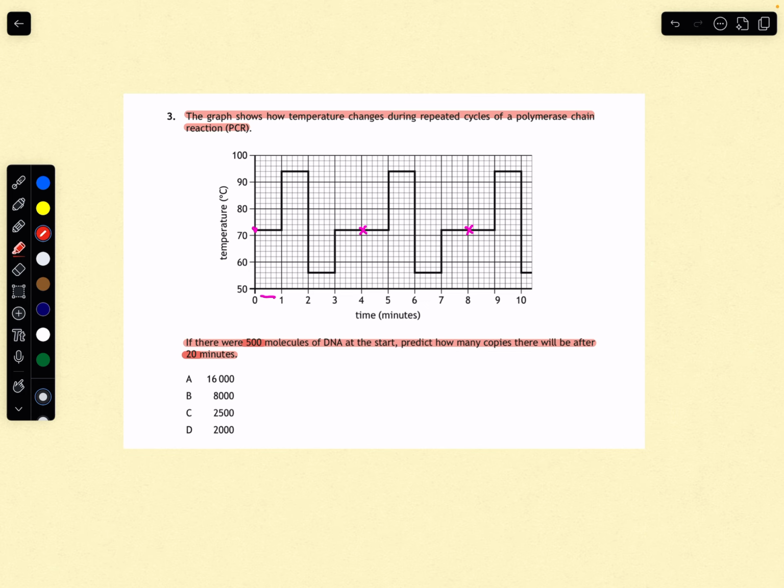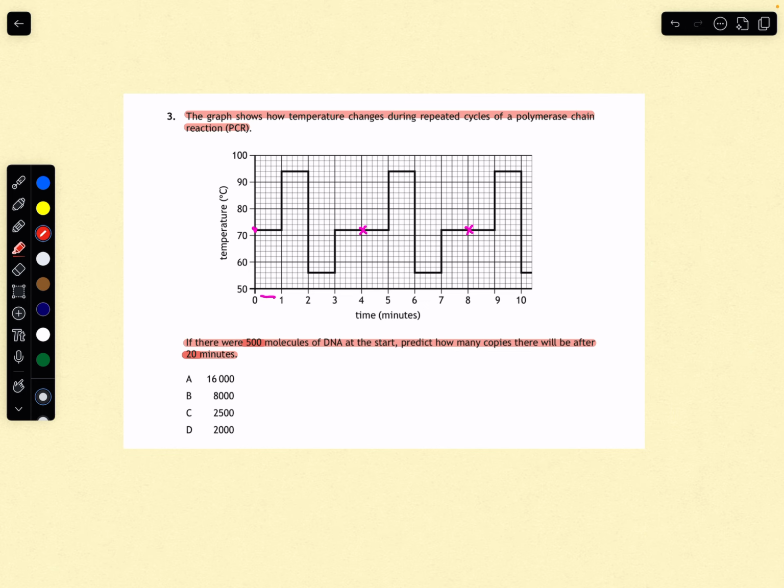So if we're starting with 500, at the end of the first cycle, it's going to be double that, which is going to be 1000. Each further cycle will then double the amount of copies. So at the end of the second cycle, 1000 copies will replicate into 2000 copies. But as it's 20 minutes, at 4 minutes a cycle, we're going to need to carry out 5 cycles.